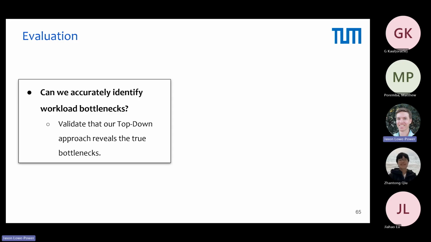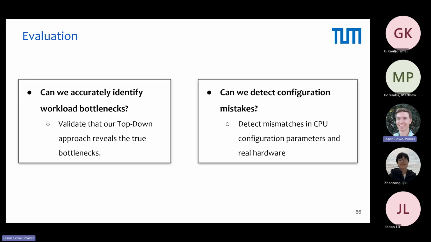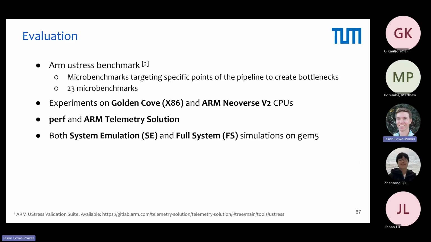So for evaluation, we try to find the answers to these questions. Can we accurately identify workload bottlenecks, so that we can validate that our implementation reveals the true bottlenecks? And can we detect mistakes in the gem5 configuration compared to real hardware? So we evaluate our implementation on the Arm stress benchmark.